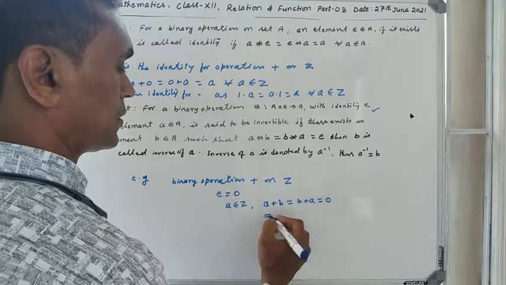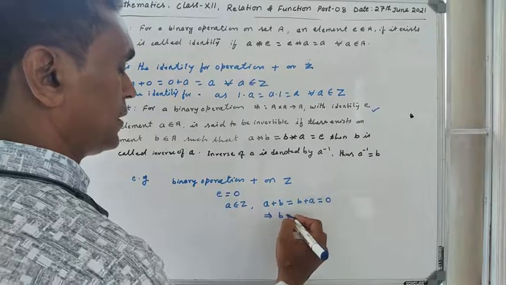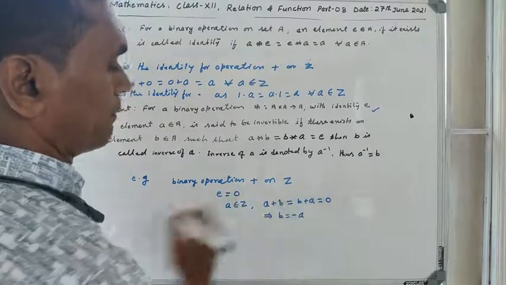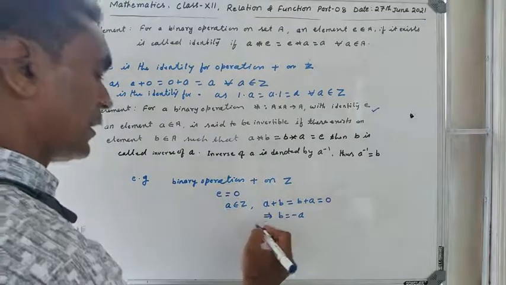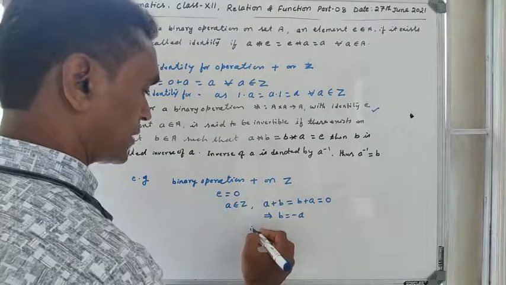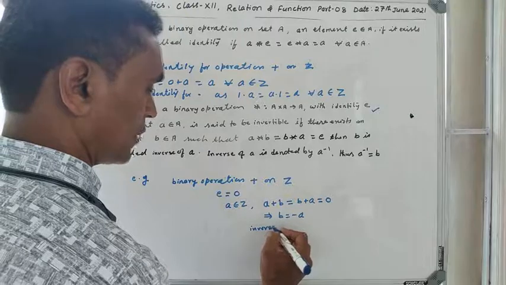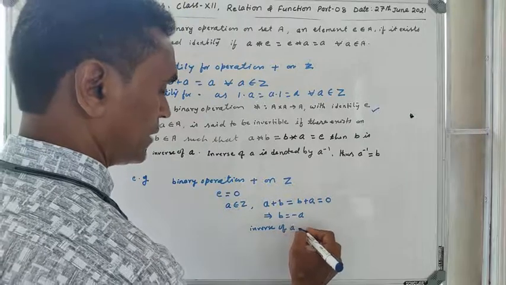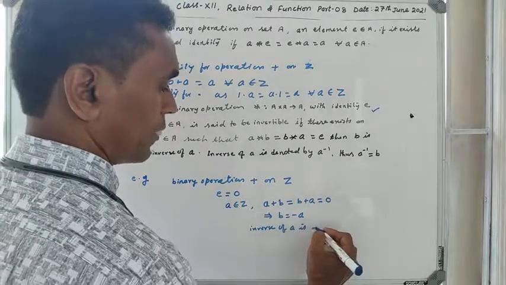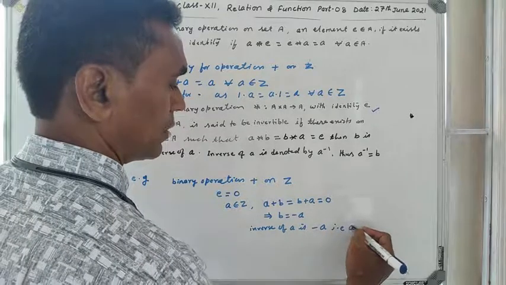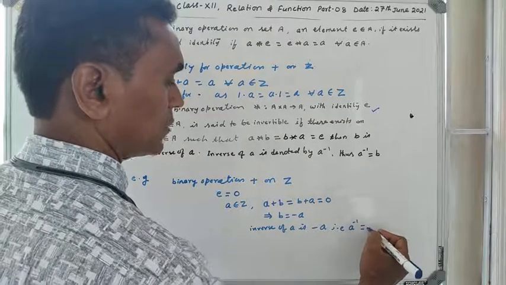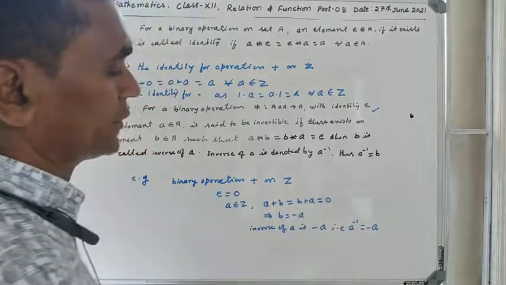So here b will be minus a. So minus a is the inverse of a. That is, we can write in symbol a inverse equal to minus a.